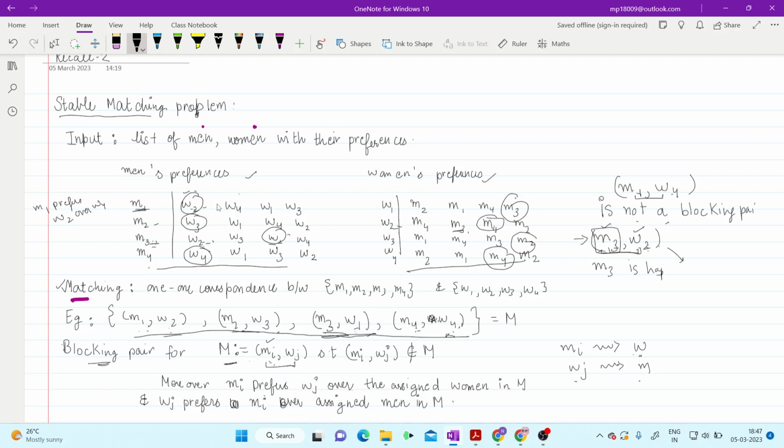But when we were looking at M1W4, W4 was better off by this new assignment, but M1 was not better off. So this was not a blocking pair. For a blocking pair, both of them should be better off by the new assignment. Is the definition now clear?